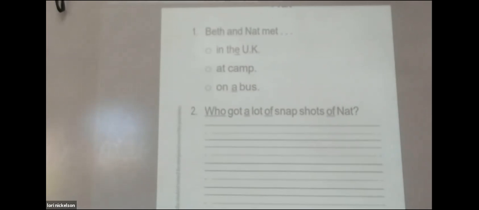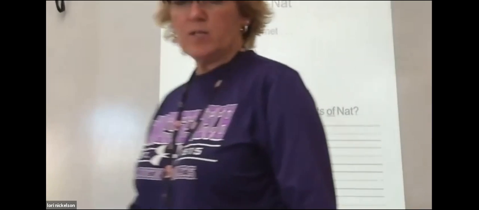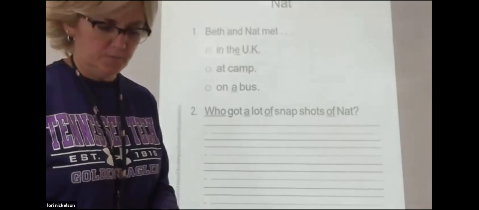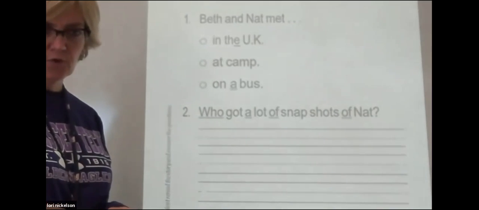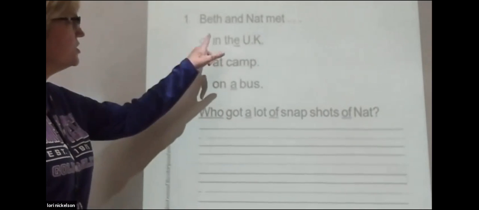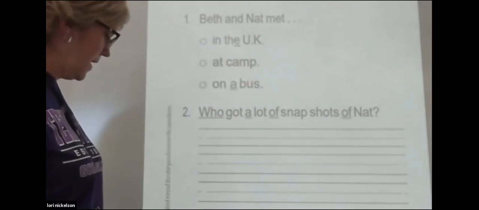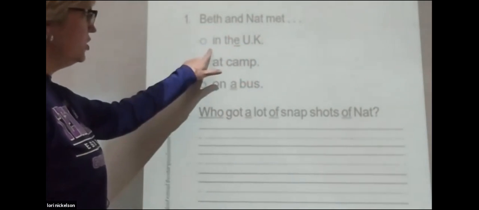All right, so the title of this is Nat. So let's look at these questions here, because you guys will have to answer these on your own out of your Google Classroom. So the first question, Beth and Nat met where? So where did they meet? Did they meet in the UK?